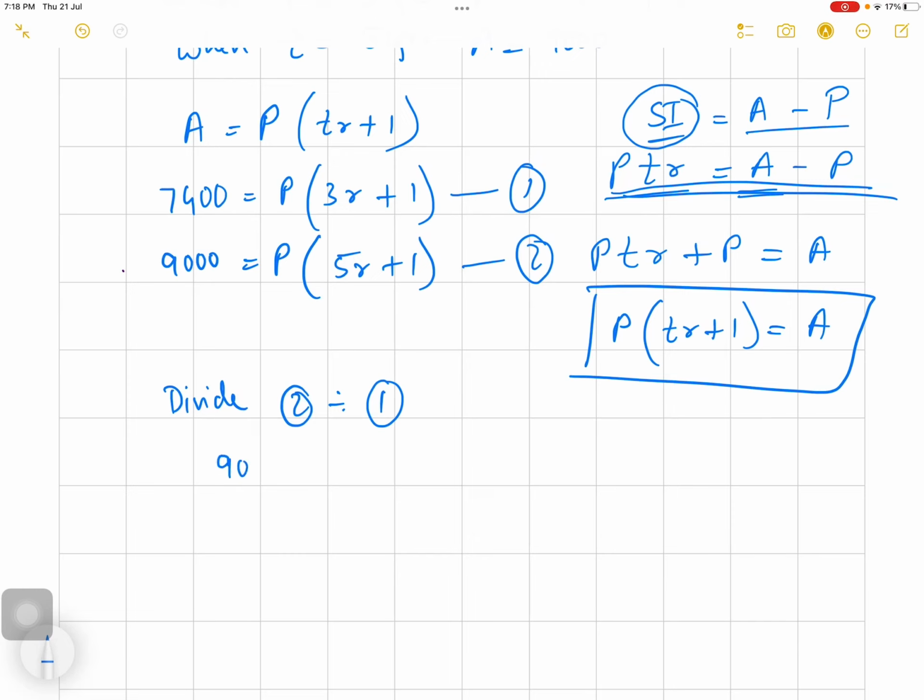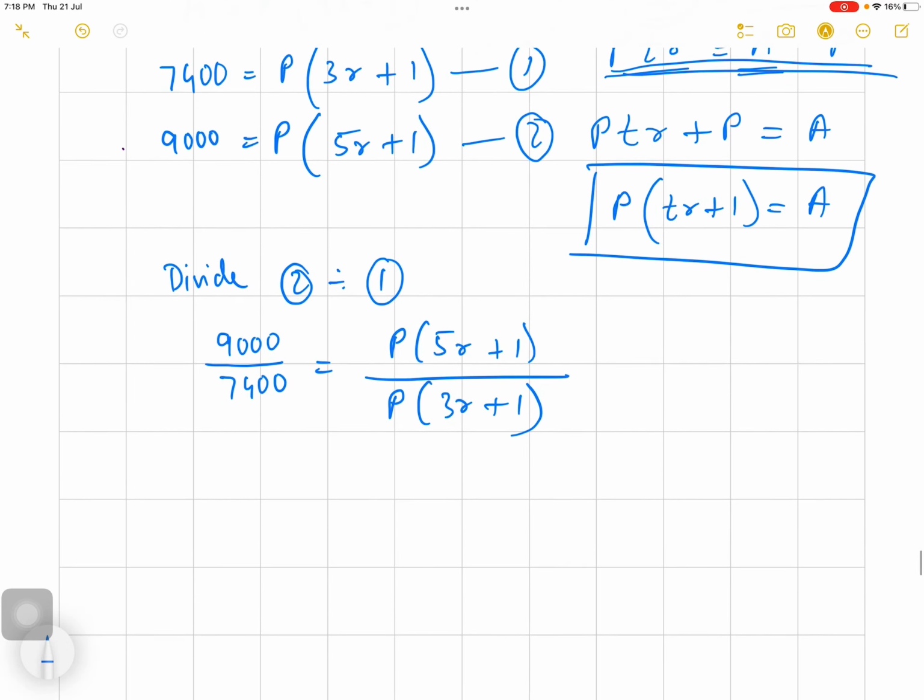So now this will become 9,000 divided by 7,400 is equal to P into (5R plus 1) divided by P into (3R plus 1). We can just cancel P and P, and cancel 2 zeros. So this becomes 90 by 74.